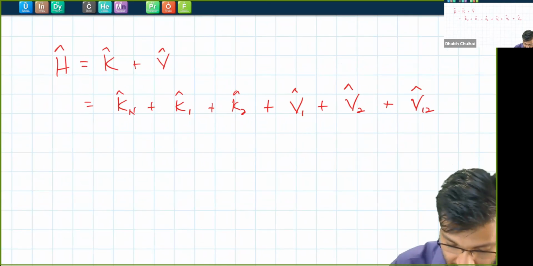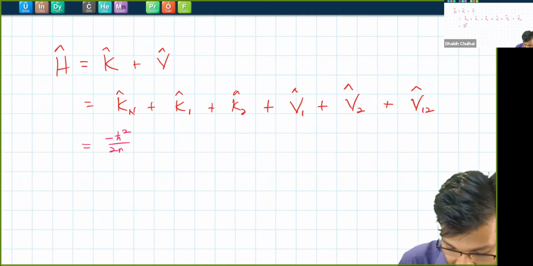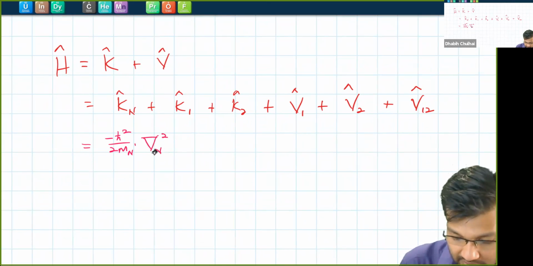All right, so the kinetic energy of the nucleus, that's negative h bar squared over 2 times the mass of the nucleus times the second derivative of the coordinates for the nucleus. We're going to symbolize it all as this nabla squared with the subscript n, right?